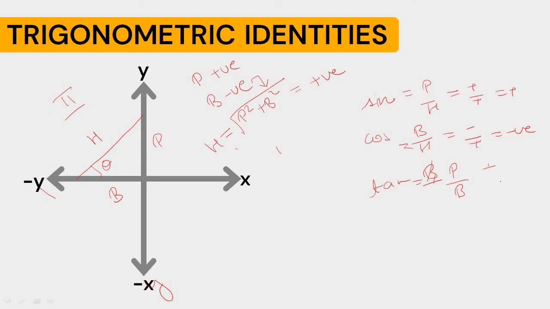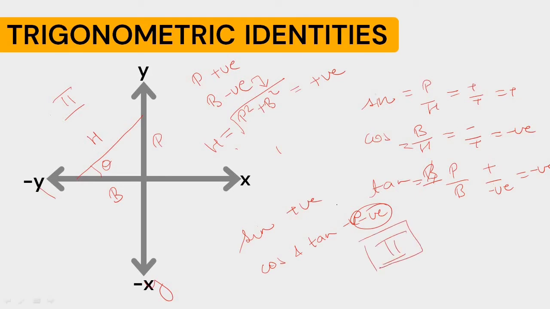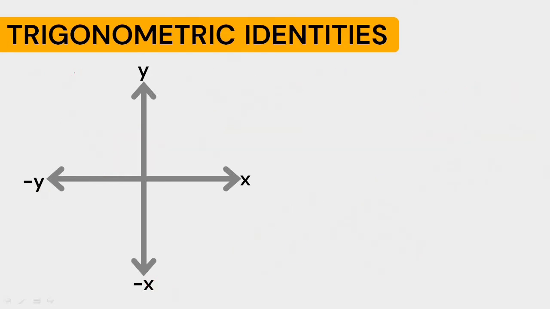Perpendicular is positive but base is negative, so it will come negative, which means only sine is positive and cos and tan are negative. We are talking about the second quadrant. So sine is positive, cos and tan are negative. This was the case of the second quadrant.